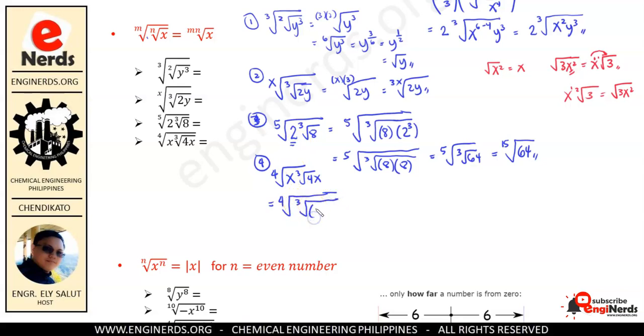So, yung nasa loob nating original na radicand, 4x. And then, yung x na pinasok natin sa loob, so this will be x cubed. Okay? So, this is equal to fourth root of the cube root of 4x to the fourth.